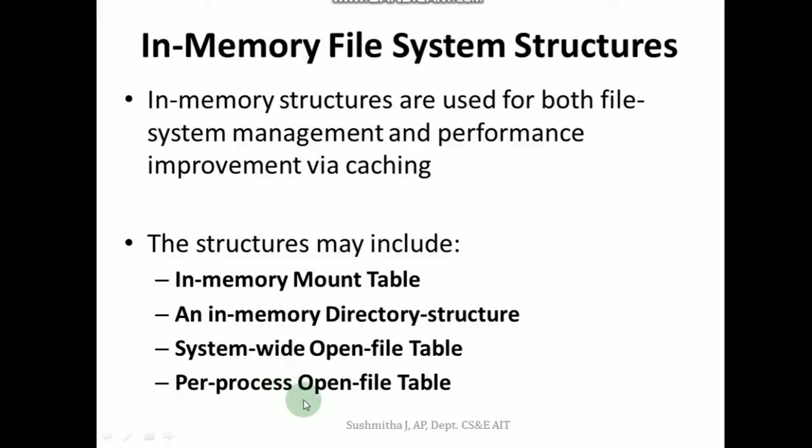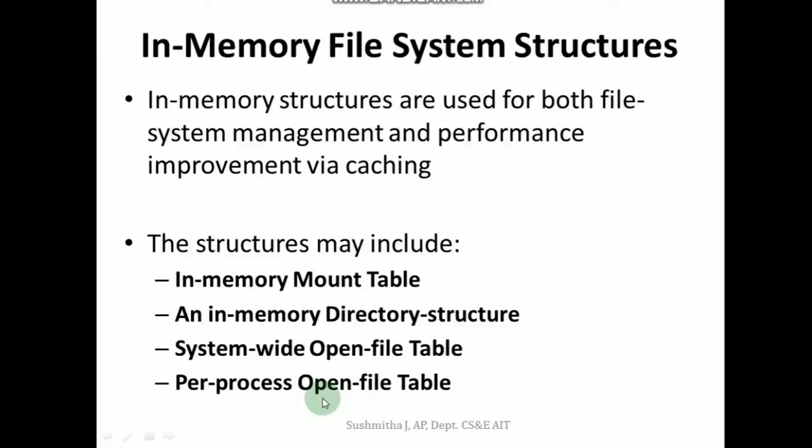So the other one we have is the per process open file table. So this contains the open file subjected to every process. So whichever file a particular process is opened, so those files shall be maintained here.